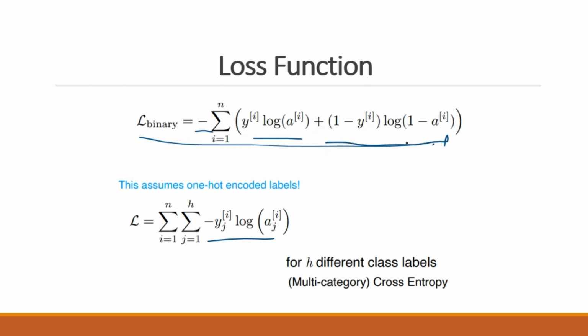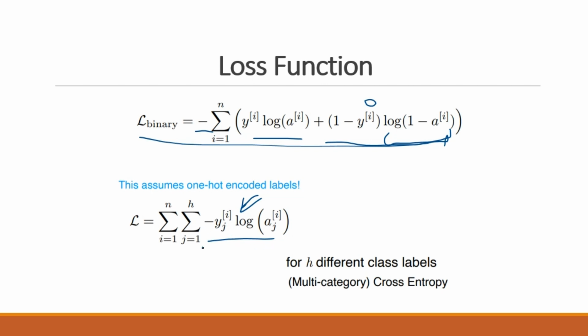If we have a class label 0, then we have 1 minus 0, which is 1. So essentially we have also this term here, 1 minus a. We don't have that here at the bottom. Here we have a minus log for all these classes, but essentially it's the same thing.